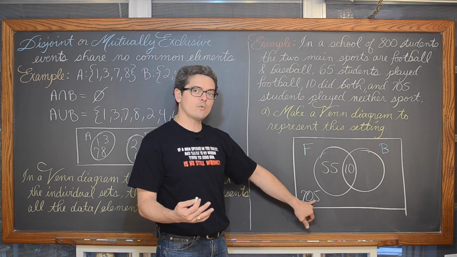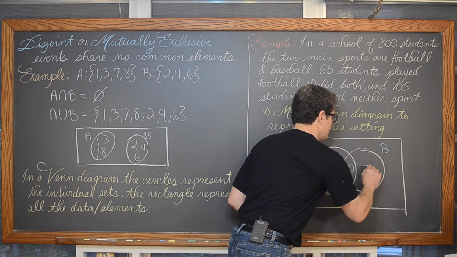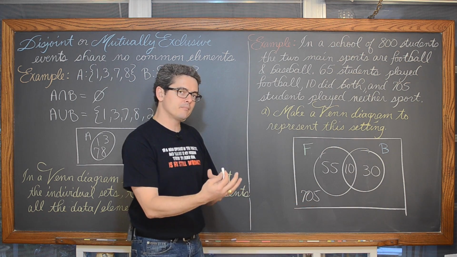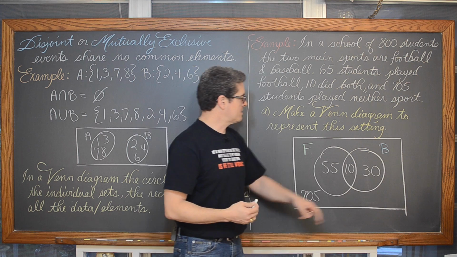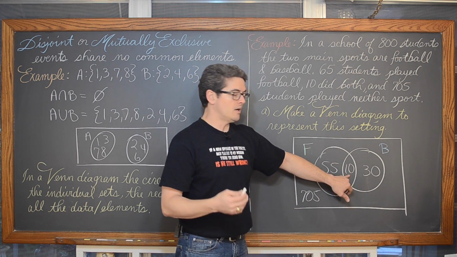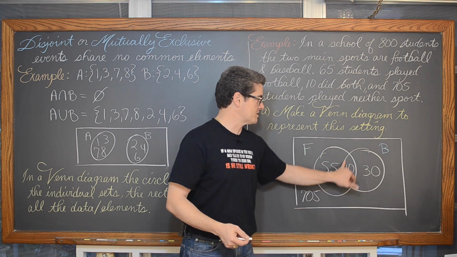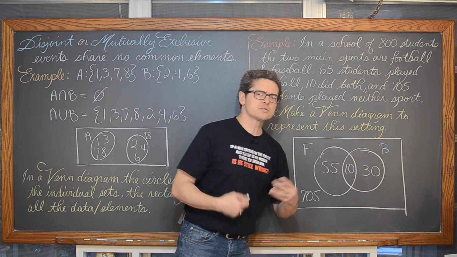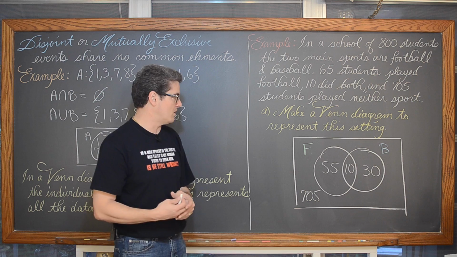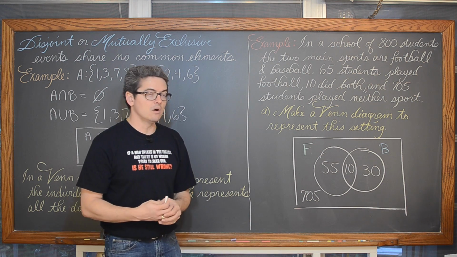And then take another 5 away and we're down to 30. So that means that there's 30 players that only play baseball. And then we have those additional 10 players that play baseball. So this circle is telling us that it looks like we have 40 students playing baseball. 10 of those also play football.